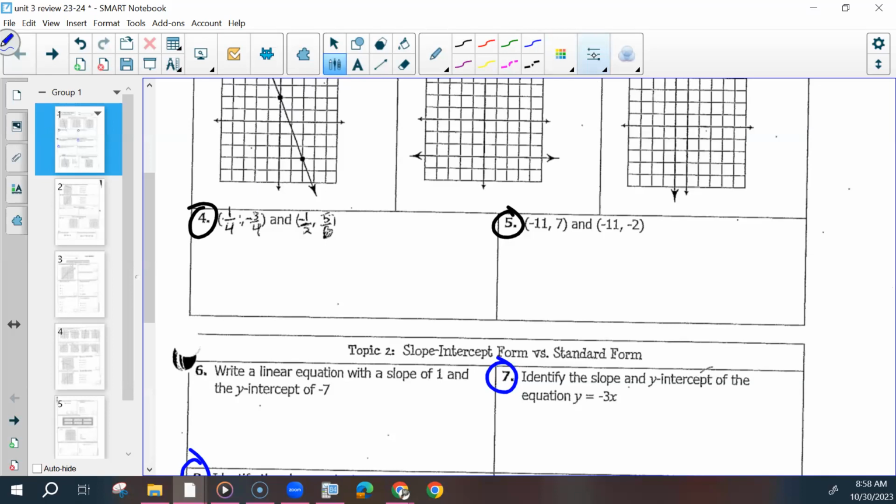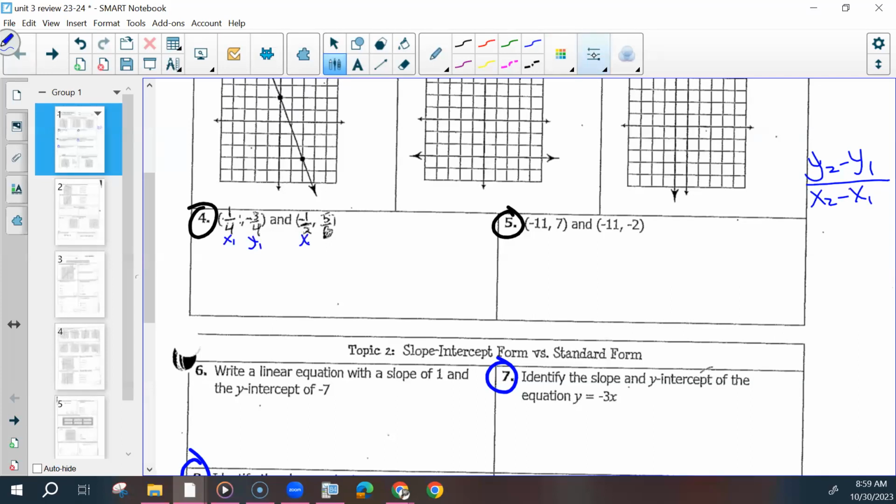So with number 4, we need to first remember our slope formula. So I'm gonna write that off to the side. Y2 minus Y1 over X2 minus X1. And then label these if you need to.